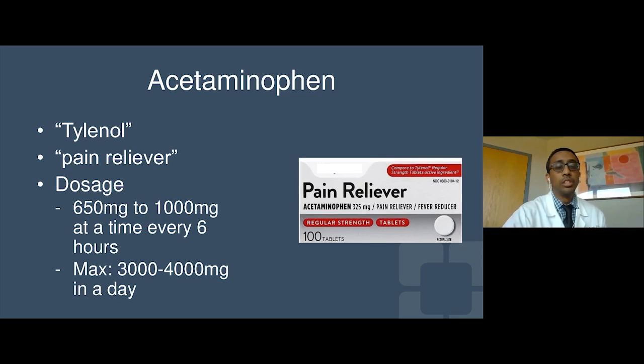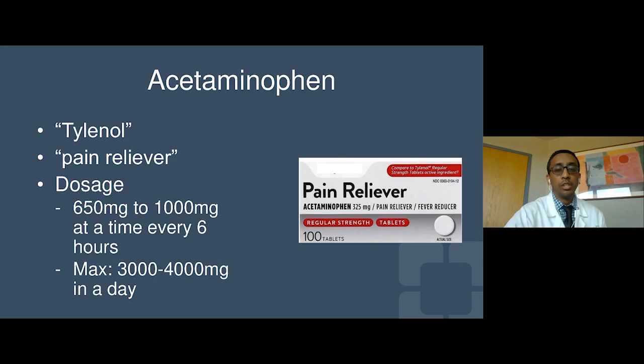The dosage varies a little bit, but it's 650 milligrams to 1,000 milligrams at a time every 6 hours. The maximum dosage in a day would be 3,000 to 4,000 milligrams, and that varies. For most patients, it would be about 4,000. If there are some liver concerns, then it could be 3,000.